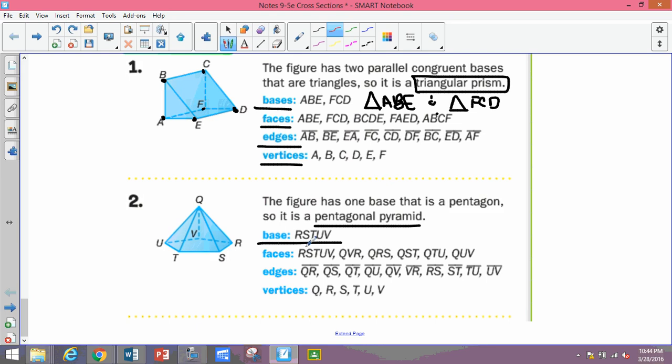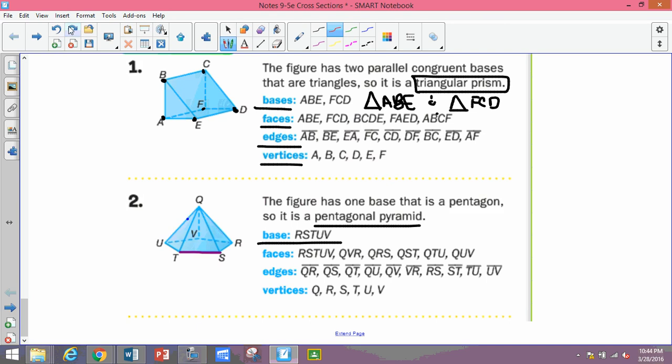So again, I would not include the RSTUV. The faces are going to be the triangles that make the faces up. So you've got QTS, QSR, QUT. And then in the back, you've got QVU and QVR.